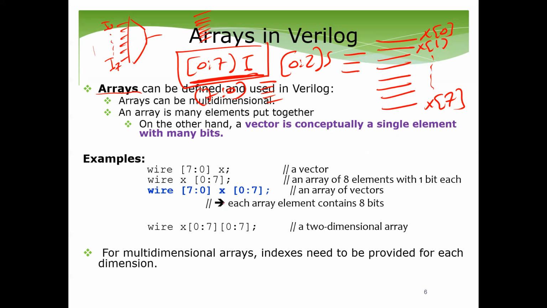This is just a convention that we use in writing and using the code. So this will give me 8 wires. This will give me 8 wires. And these two will give me 64 wires. How you name them, how you address them, that's the difference between these declarations.